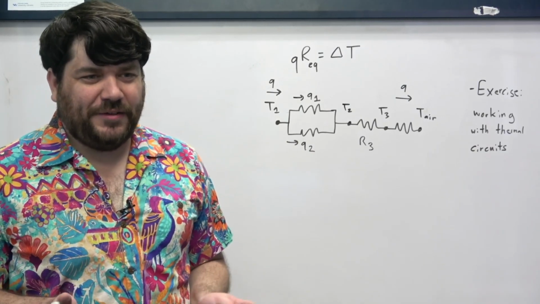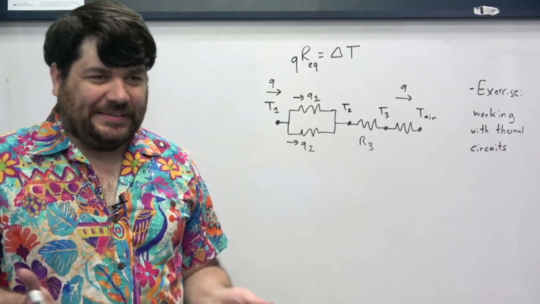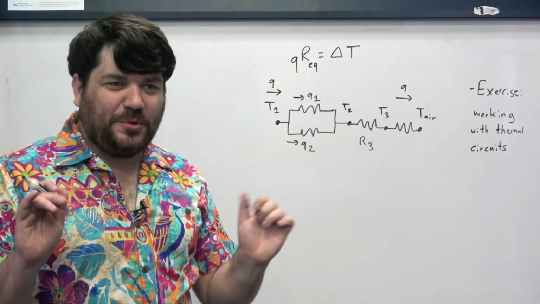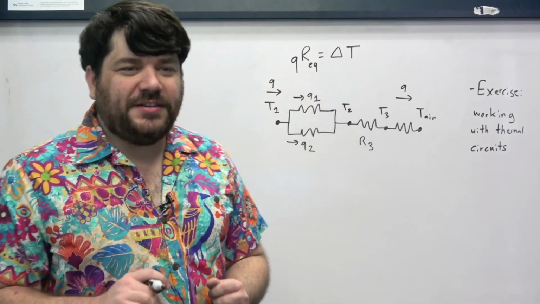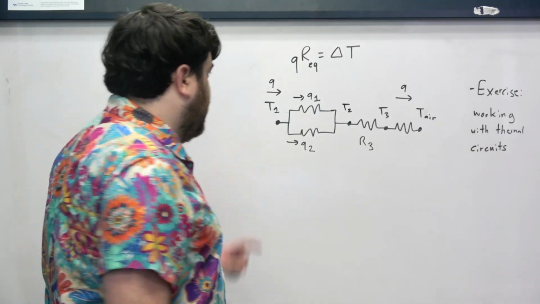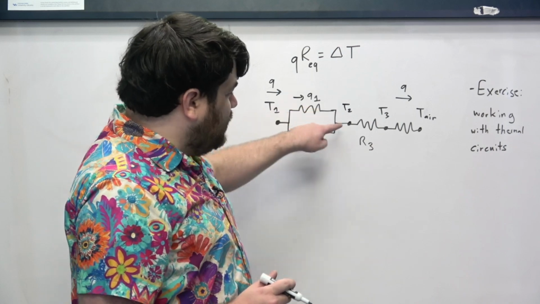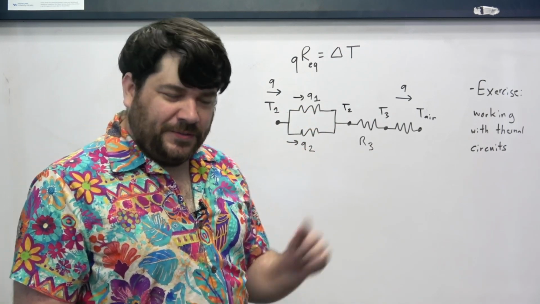And now we have to try to figure out, what is Q1 and what is Q2? Like, how can we calculate those? Once again, this thermal circuit law is going to save our butts. And the way that it's going to save our butts is because we can do this thermal circuit analysis over each individual little resistor in this parallel connection. And what would that look like?